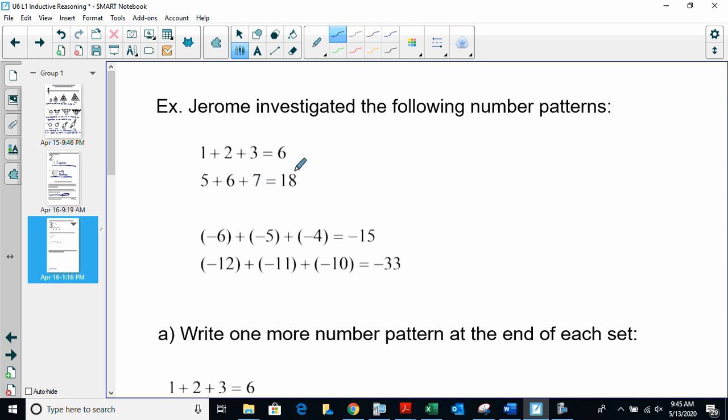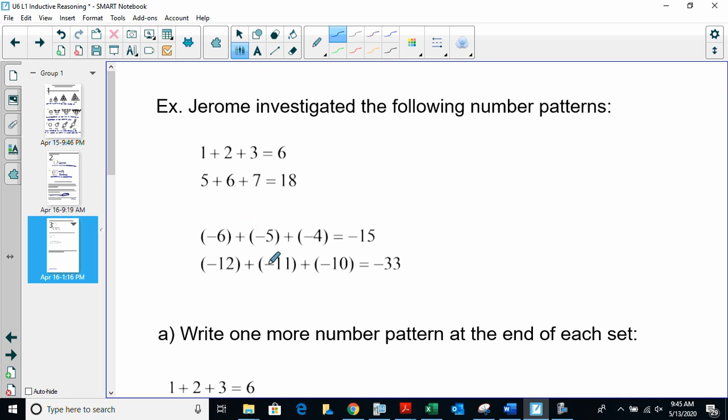Now, let's take a look at the other side, the result. 1 plus 2 plus 3 is equal to 6, which you can say is 2 times 3 or 3 times 2. And then the next one, 5 plus 6 plus 7 is equal to 18, which is definitely 3 times 6, which is the middle number here.